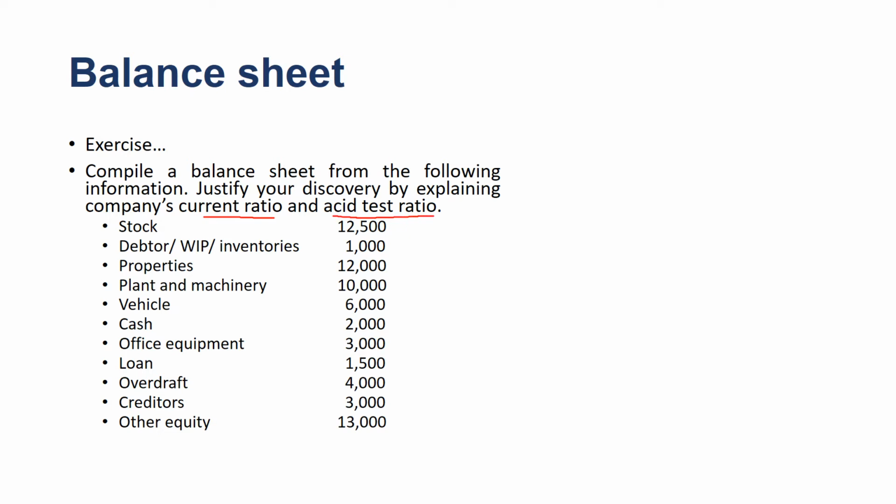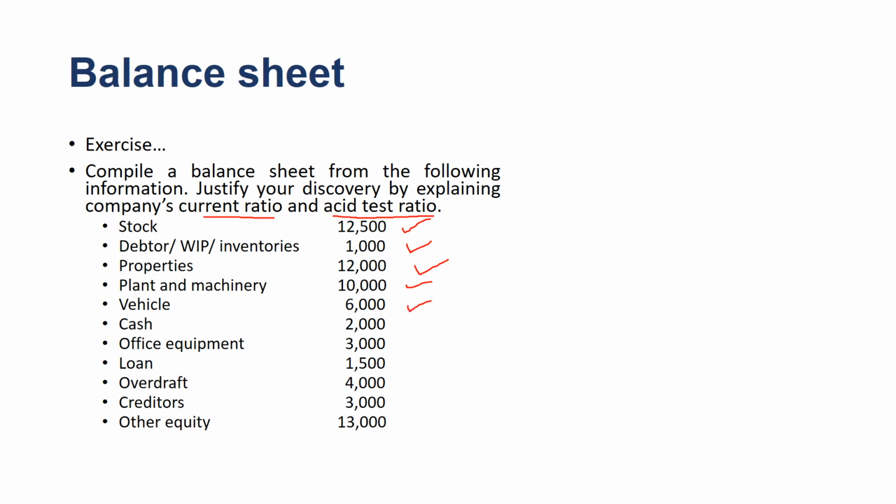So we have stock of 12,500, and then we have inventories or work in progress product for 1,000. Our properties are 12,000. Plant and machinery totals 10,000. Our vehicle is valued at 6,000.